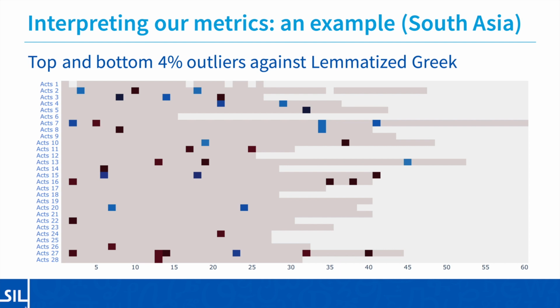Blue cells are verses from this translation that have unusually low word correspondence scores to the Greek when compared to the other dynamic translations in the cluster. Likewise, the red cells represent unusually high word correspondence. Interpreting these results in light of other similar dynamic translations enables Aqua to ground its reporting in reality.